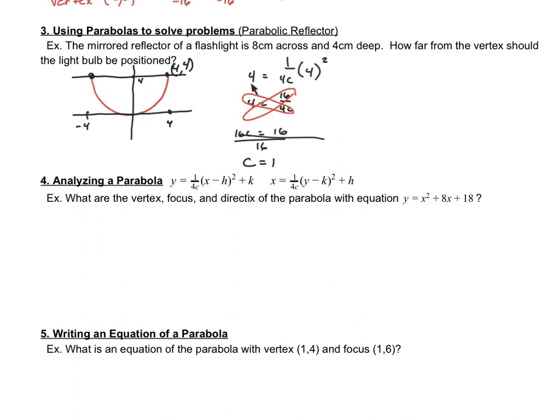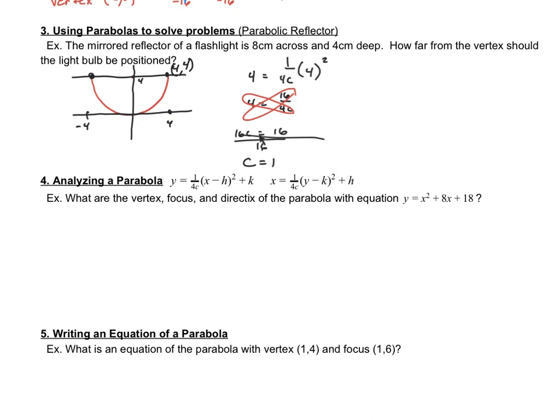Well, we do some substitution, and we go ahead and substitute in our values. We do know that y equals 1/4c x squared, so we take our points and substitute in x and y with 4, so it's 4 equals 1/4c times 4 squared, which is going to be 4 equals 16/4c.